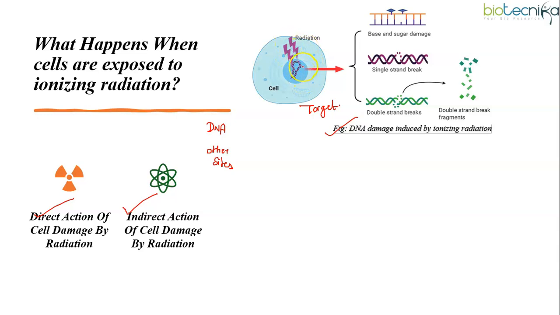So here, let's say the critical target in the cell is DNA. Ionizing radiation can directly interact with the DNA molecule, causing various types of damage such as single strand break, double strand break, base and sugar damage, even cross-linking of DNA strands. These types of damage can lead to mutations, chromosomal aberrations, and ultimately cell death.